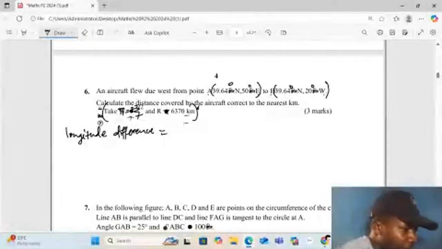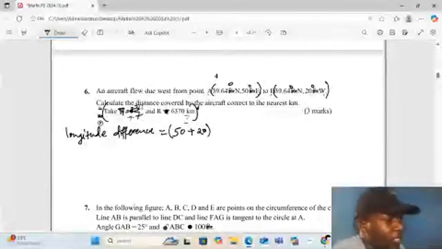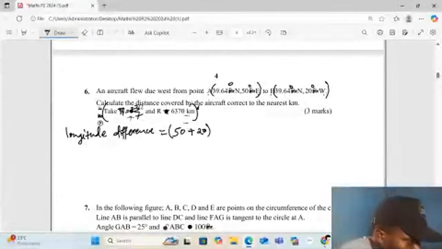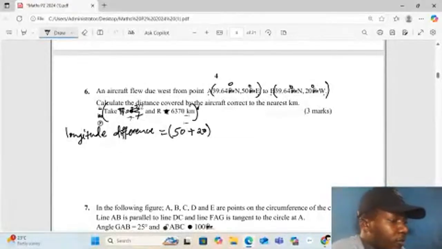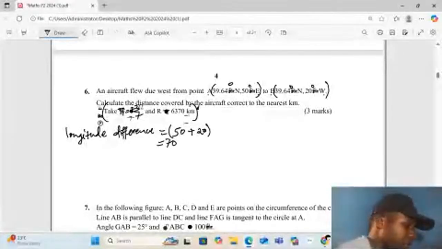Now that they are on different sides, one on east, another on west, we shall add. Therefore, our longitude difference is going to be 50 plus 20, which is 70 degrees.